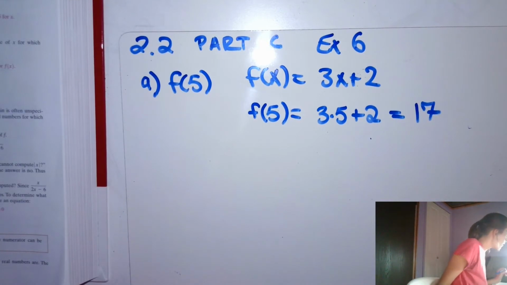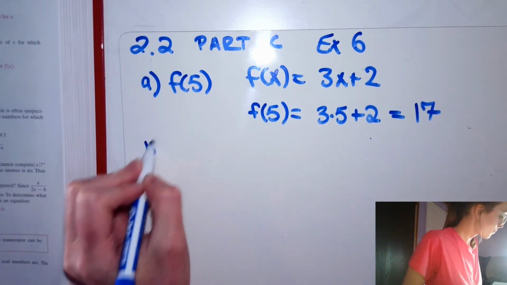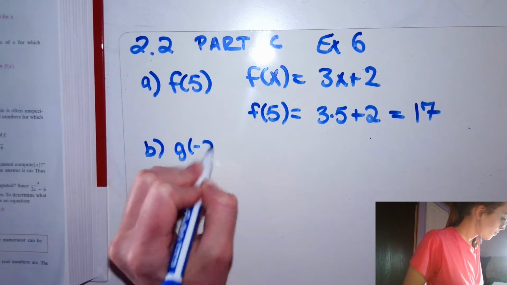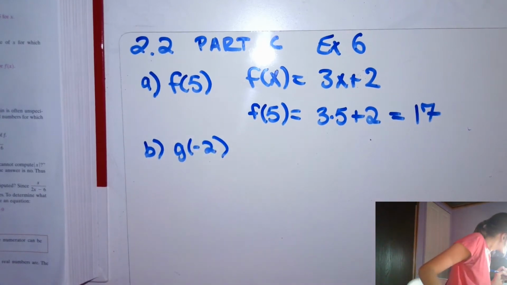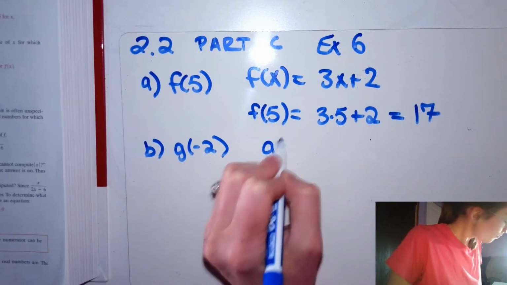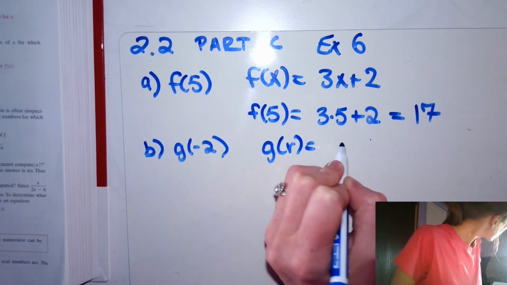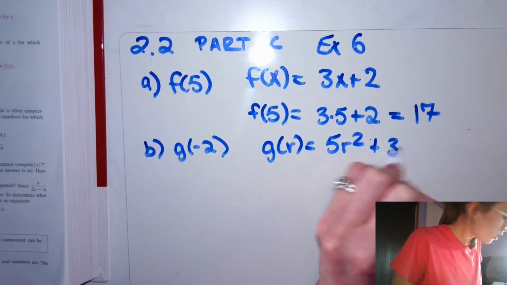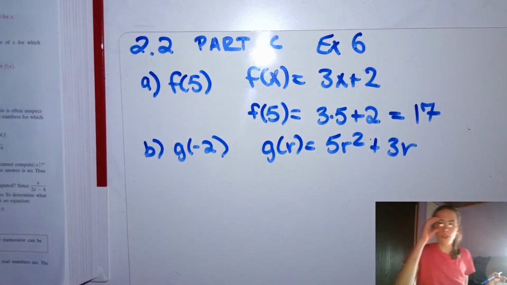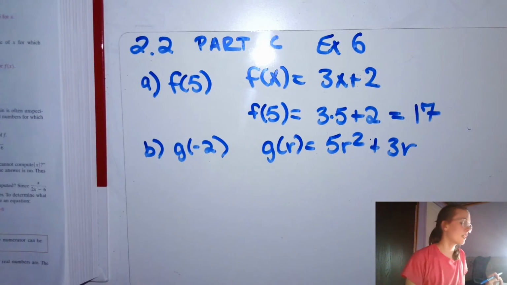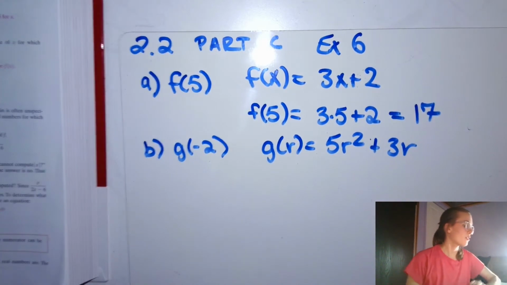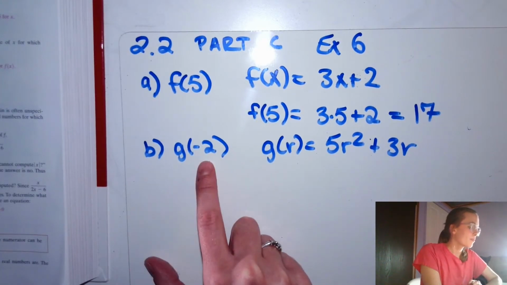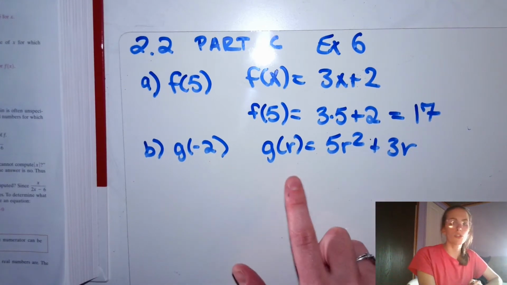Part B, g of negative 2, where g of r equals 5r squared plus 3r. This is the same idea. It's a little bit more complicated, but this is the input, and this is the instructions for what to do.